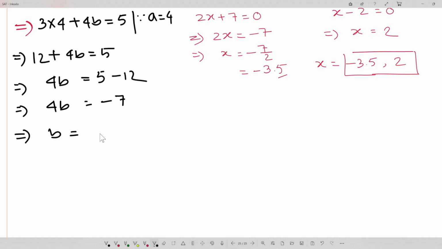So b = −7/4. It's a fractional answer. If you want, you can write it as a decimal. So the answer will be −1.75. Very simple. So this is b.